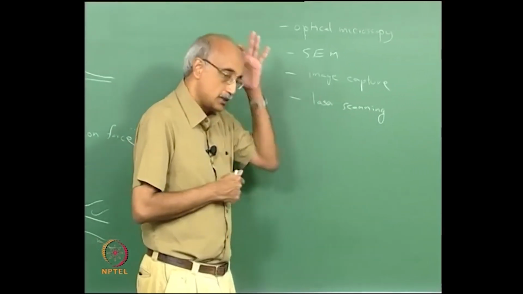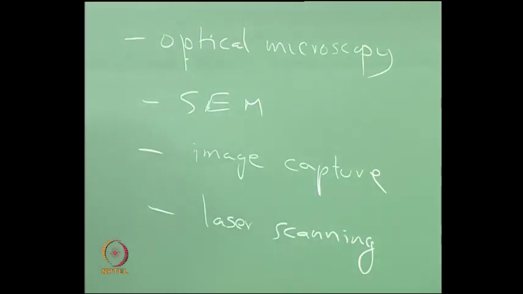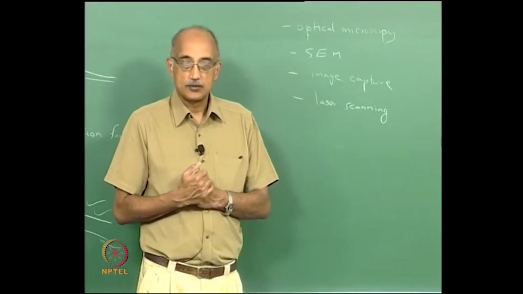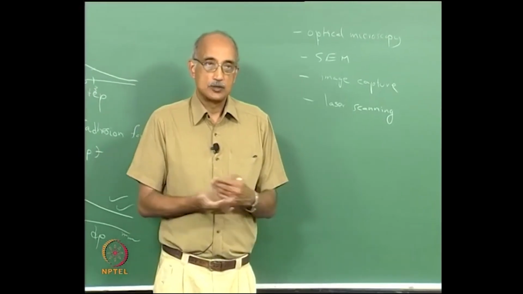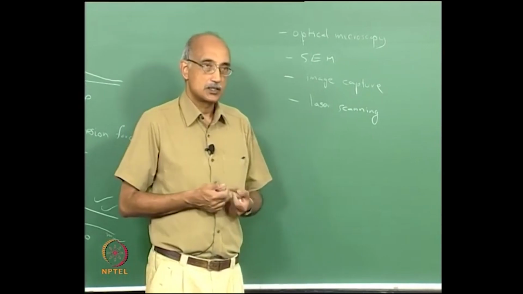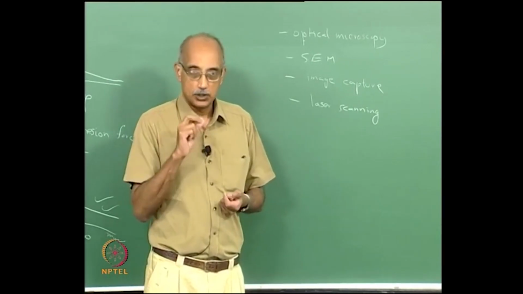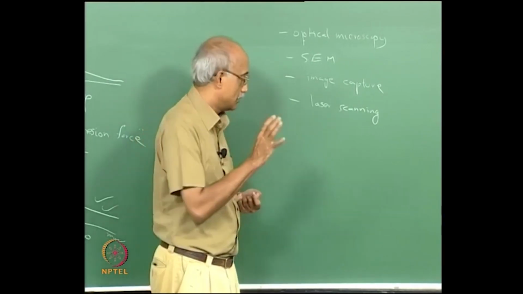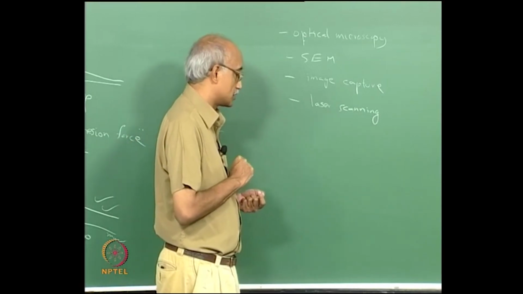So all these techniques are semi-qualitative because they can give you a pictorial or visual representation of how particles adhere to a surface and how they are removed from a surface. But they are also quantitative in the sense that they will enable you to count and obtain removal efficiencies.